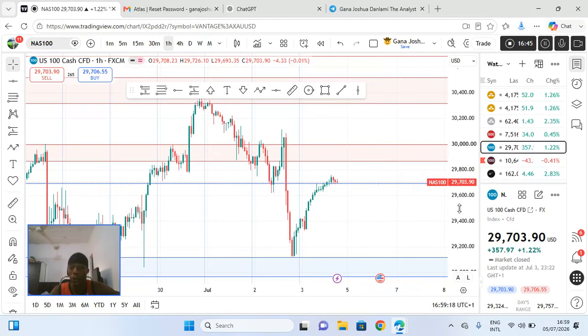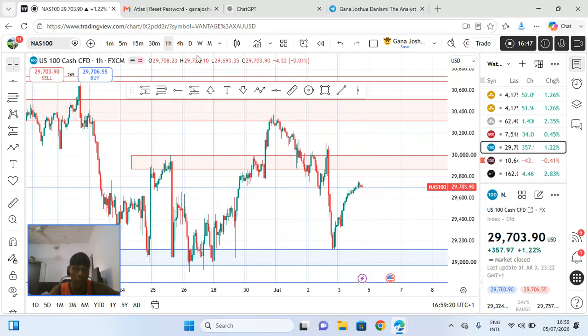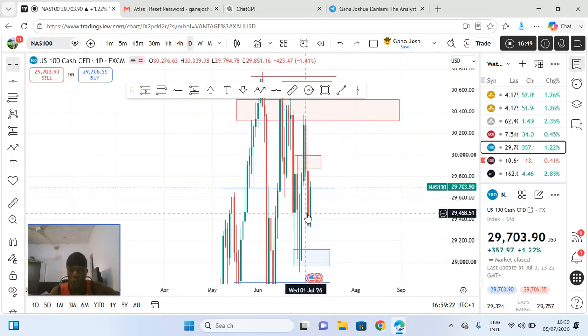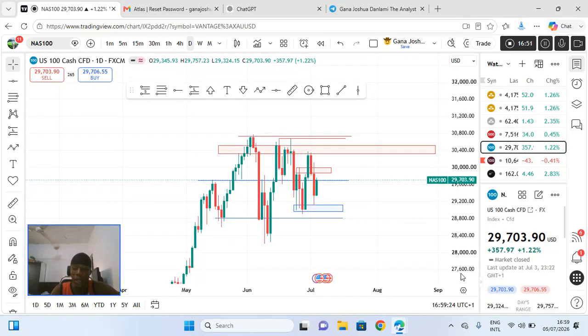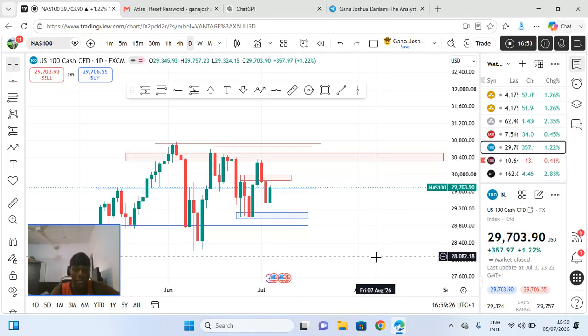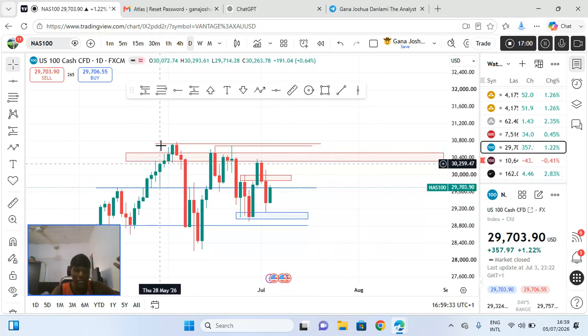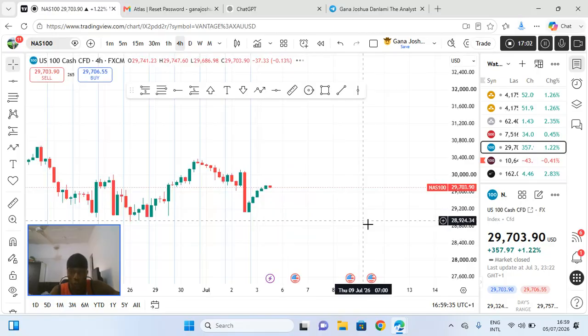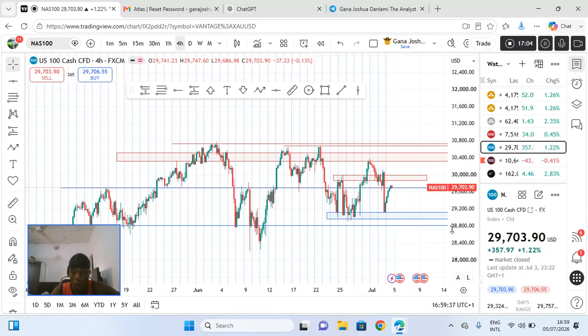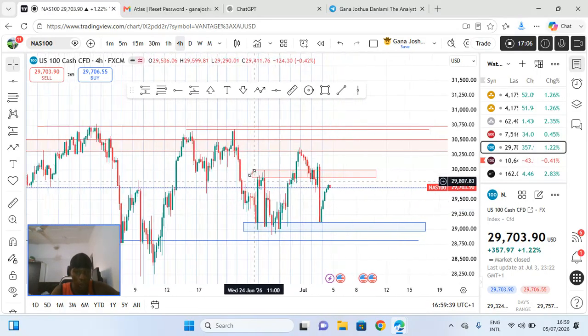For the beginners here, all you need to do is identify levels of support and resistance like I did here. This is a support level, this is a resistance. Resistance is the place at the top where price is failing to break. For those of you asking what support and resistance are, it's simple.